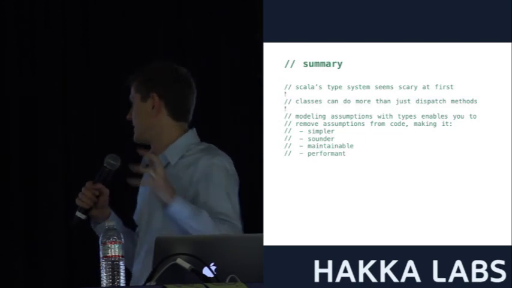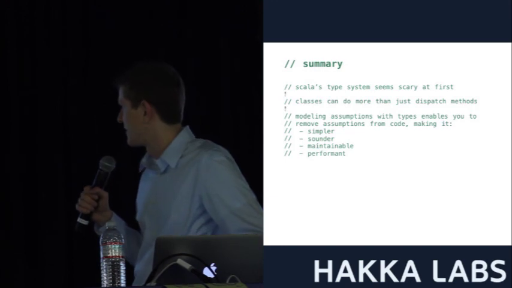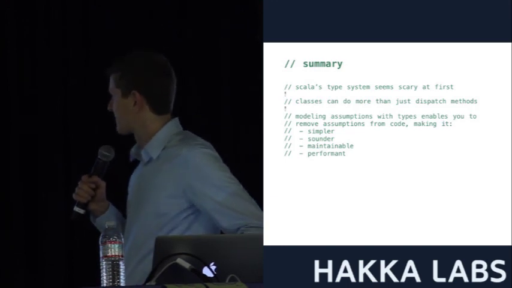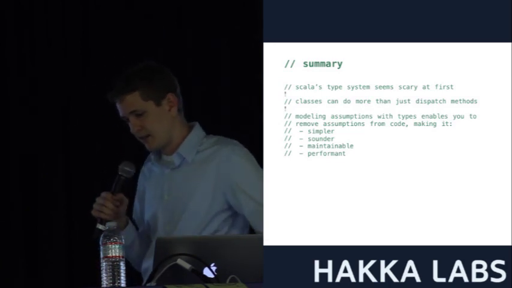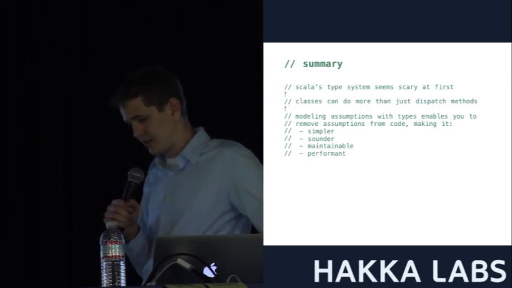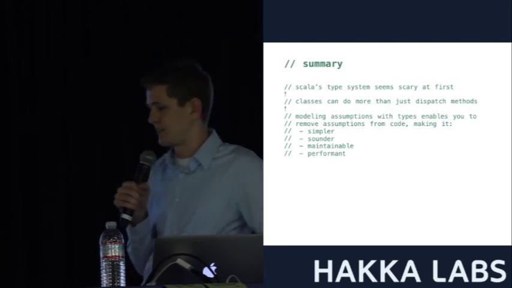That allows you to simplify assumptions, simplify your code, and really make it clear and perform nicely. And I've never seen another language that can do this quite as nicely as Scala.